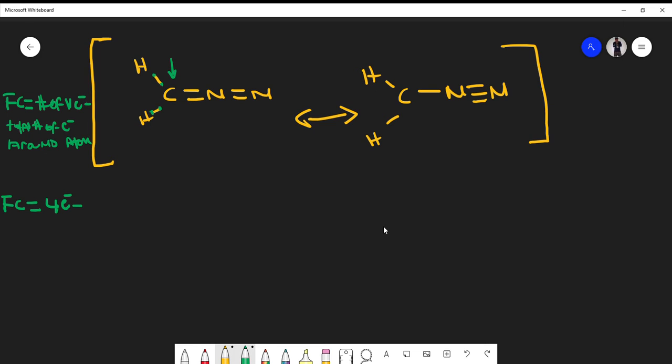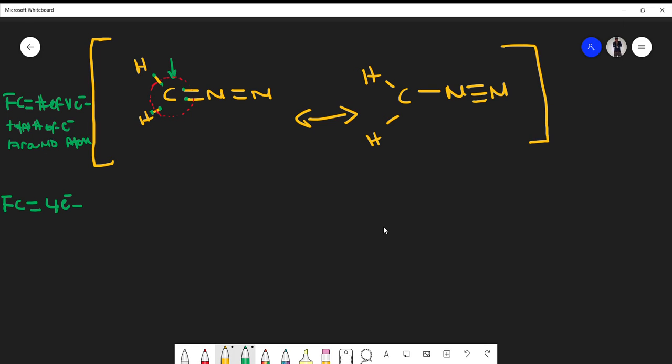The same thing is also true for this double bond. We have 2 that pertain to the carbon, and 2 that pertain to the nitrogen. We only care about the electrons pertaining to the carbon, so I'm not going to count the electrons that pertain to the nitrogen or the hydrogen. If I draw a dotted circle, you can see that the electrons I'm counting explicitly pertain to the carbon. Everything inside that circle is what I'll be counting.